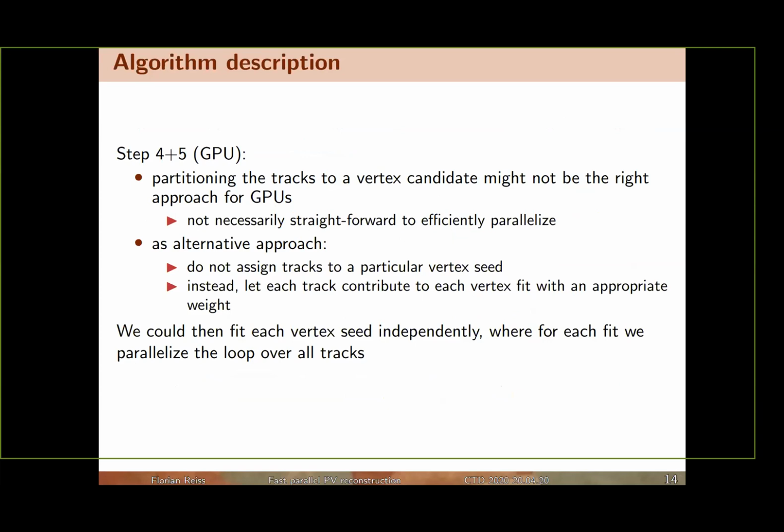As an alternative approach, we do not assign tracks to a particular vertex seed, but let each track contribute to each vertex fit with an appropriate weight. This means we could fit each vertex independently, and within each fit could parallelize the loop over all tracks, which we thought might fit quite nicely on GPU architectures.